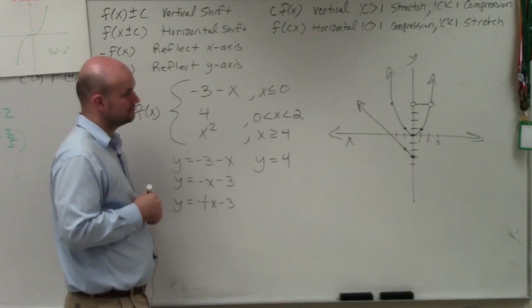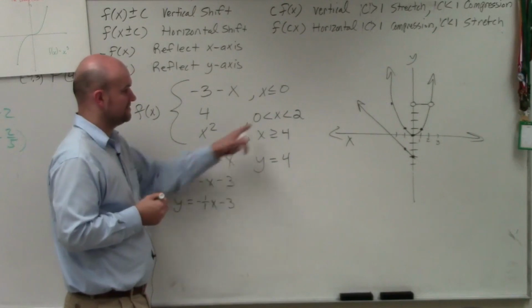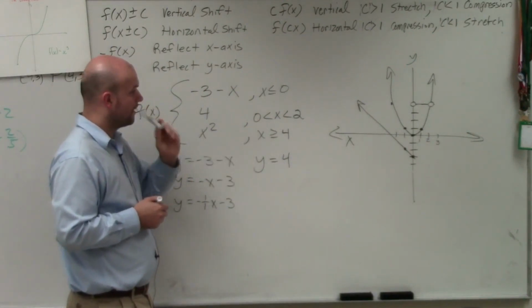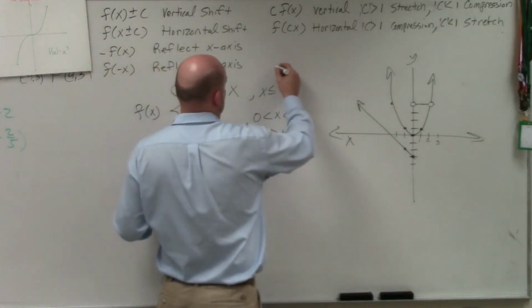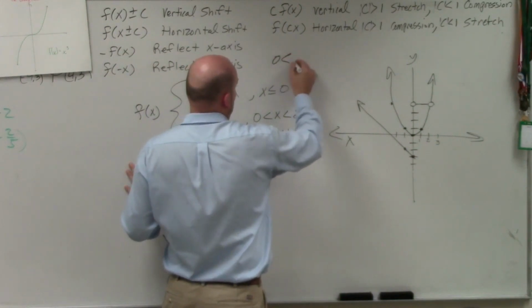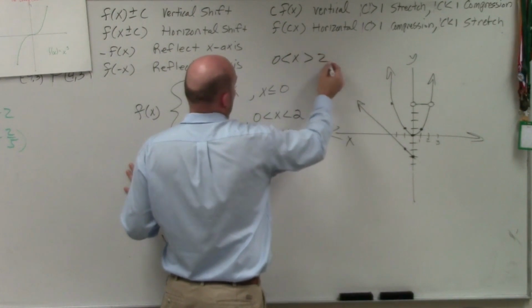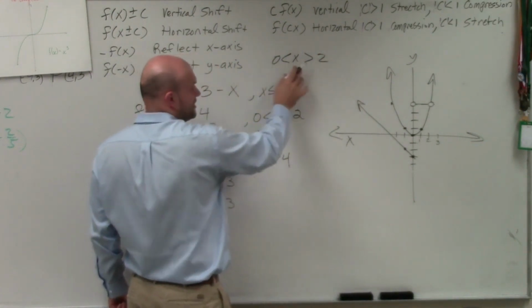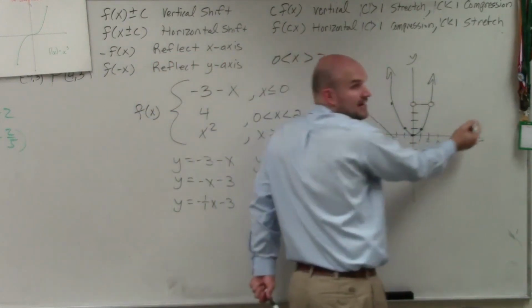You mean if there was an equal sign under there? No, like if this sign would flip. If you had 0 is greater than x and then like that. OK, well, then that says x is greater than 0 and x is greater than 2. So yeah, it just continues going on to the right.